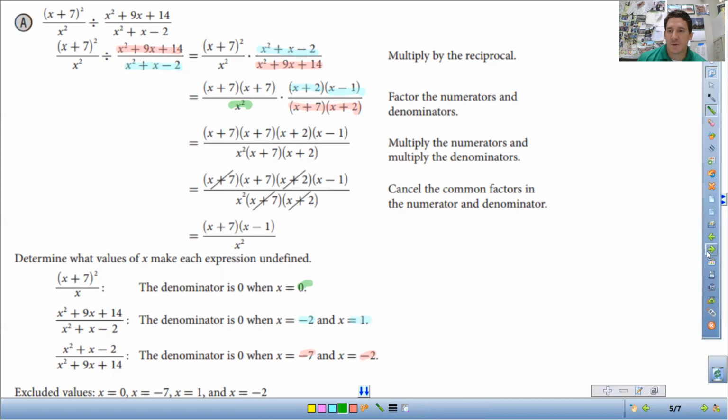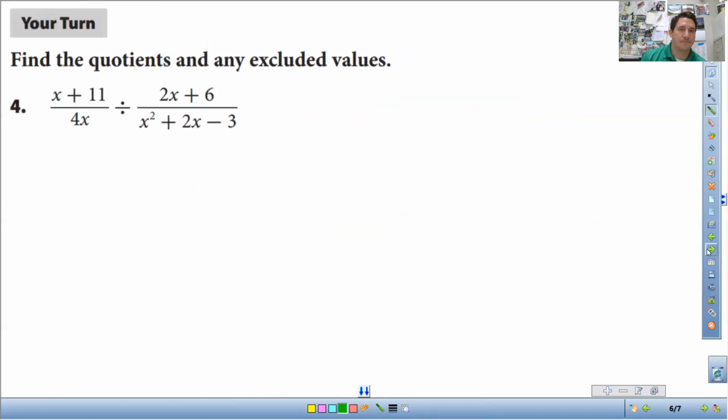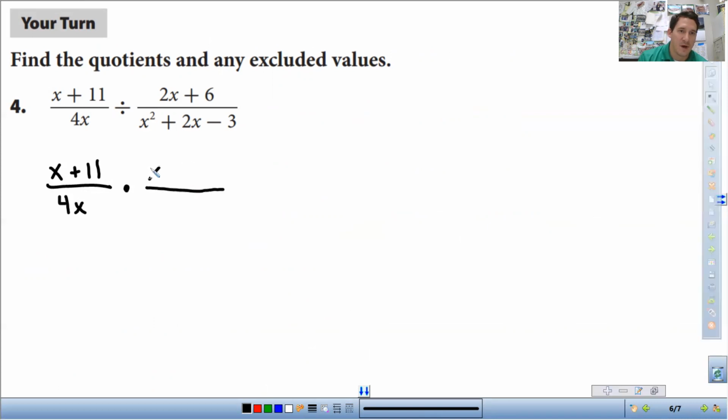All right, so let's work through an example. First thing I'm going to do is flip the second fraction and change it to multiplication. So x squared plus 2x minus 3 over 2x plus 6. All right, now I can factor all this.